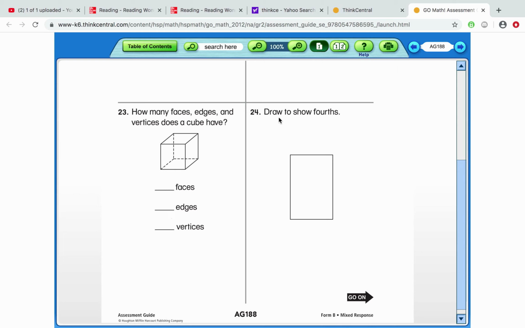And for 24, our last one, we're going to draw to show fourths. Remember, 4 equal parts. Go ahead and draw a rectangle and show me one way to show me fourths. There's lots of ways.